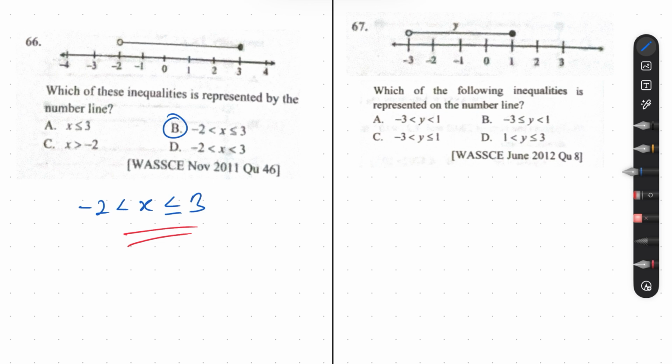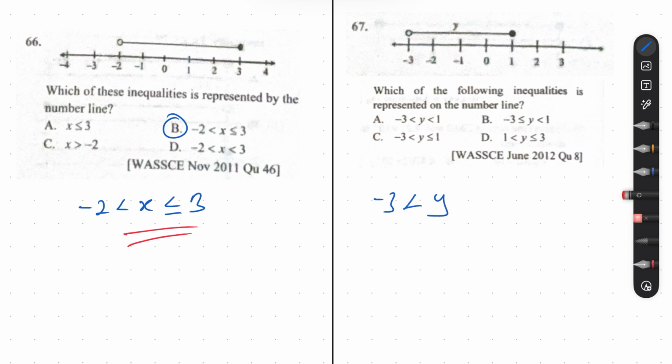Question number 67 says, which of the inequalities is represented on the number line? Cool. Now on the number line we have here y is from -3 to 1. Okay, but here we have the circle not shaded, so this -3 is non-inclusive. And we know that non-inclusive, what do we use? Less than y.